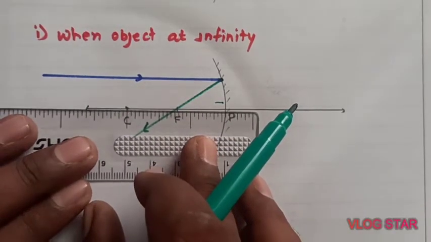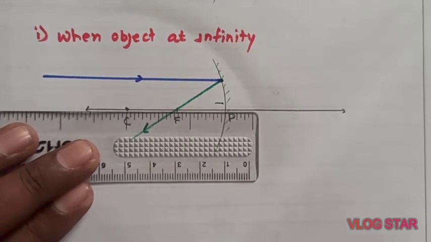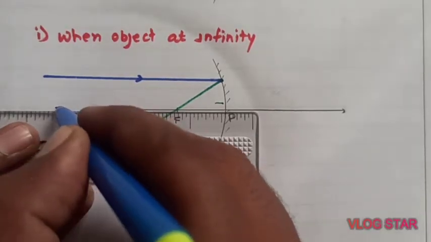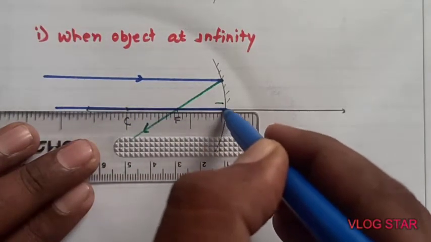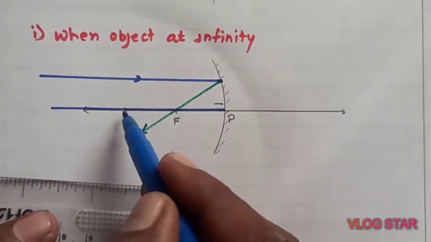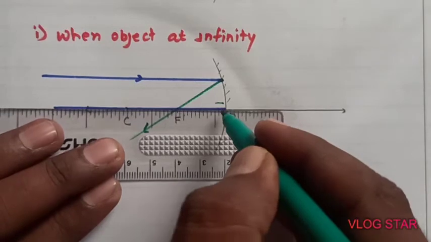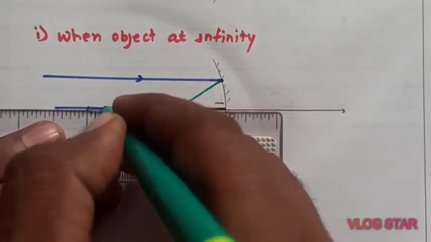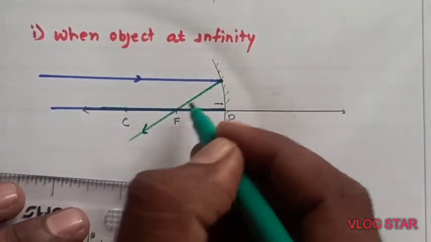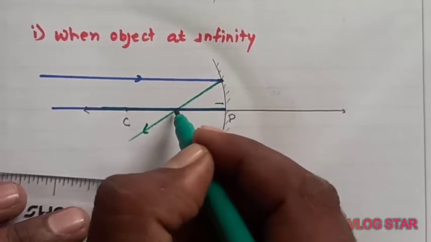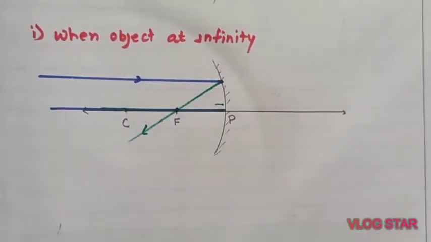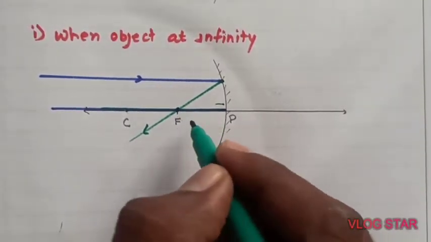So the incident ray is itself along the principal axis, but it is passing through the center of curvature. What is the direction? The reflected ray will move back in the same direction, and where those two reflected rays meet, that is the position of the image. So here the image is formed. So at focus.